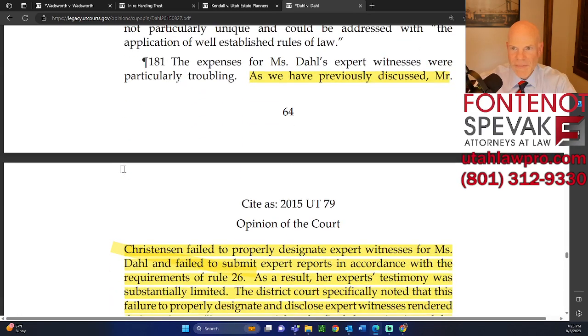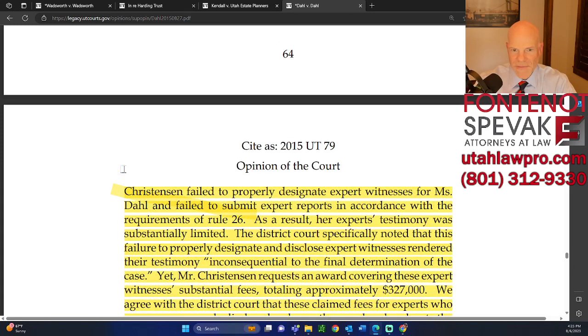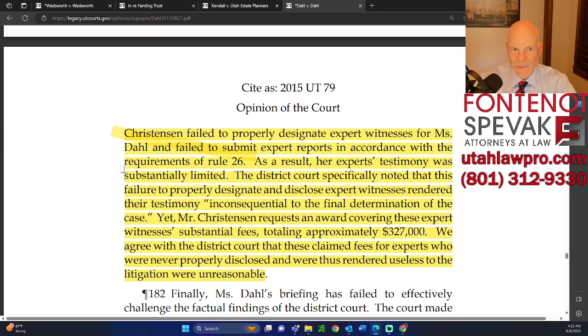As we have previously discussed, Mr. Christensen failed to properly designate expert witnesses for Ms. Dahl and failed to submit expert reports in accordance with the requirements of Rule 26. As a result, her expert's testimony was substantially limited. The district court specifically noted that this failure to properly designate and disclose expert witnesses rendered their testimony inconsequential to the final determination of the case.